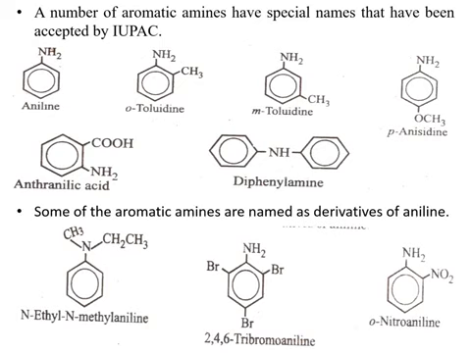If these hydrogen atoms are substituted by methyl or alkyl groups, then the parent name will still be aniline, and the substituents will be written by their names like N-ethyl, N-methyl aniline, 2,4,6-tribromoaniline, and the last example is orthonitroaniline.